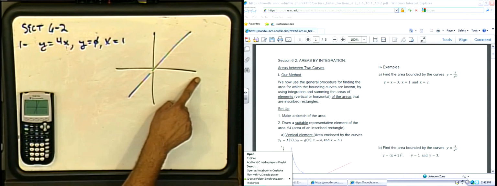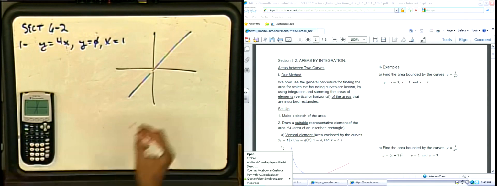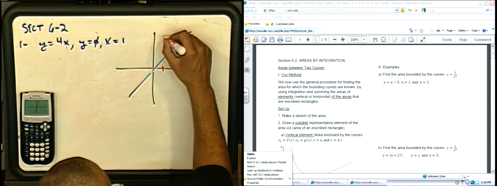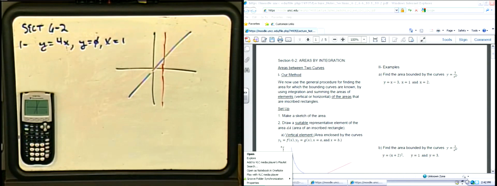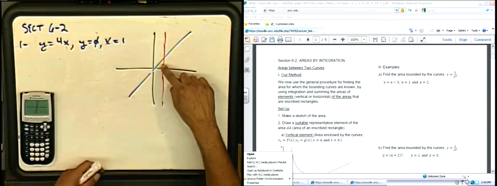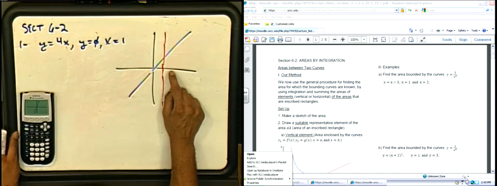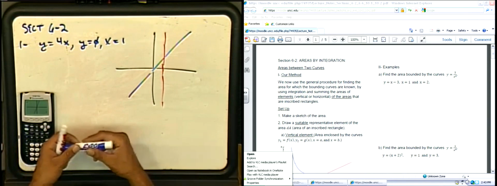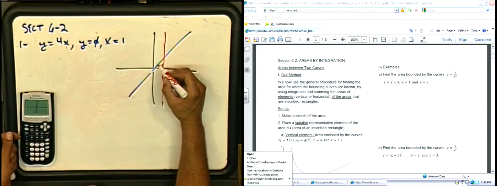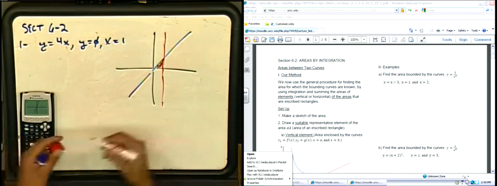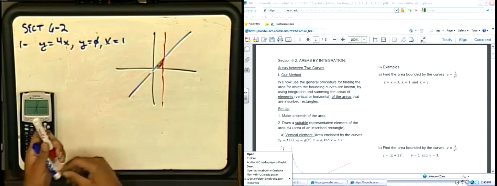X equals 1 is right here. And we want the area. Find the area bounded by the indicated curves. The area between y equals 0 and that function is right here. That's the area we're trying to figure out.